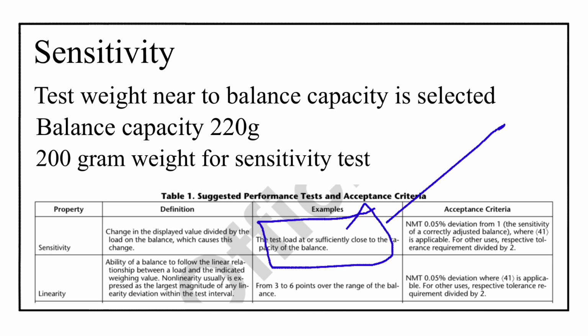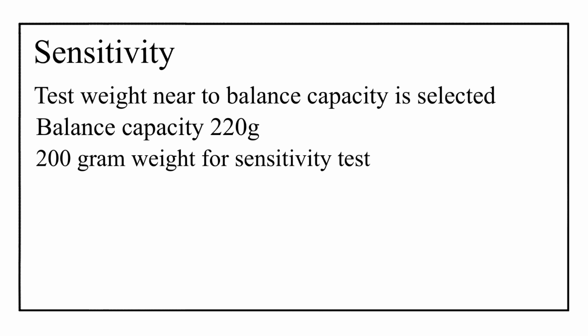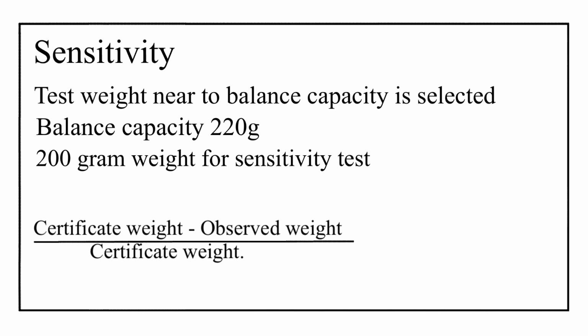It is mentioned that the test weight used for the sensitivity test should be close to the balance capacity. So now the selected test weight is measured. After that, sensitivity is calculated by this formula: certificate weight minus observed weight divided by certificate weight into 100. The obtained value should not be more than 0.05%. This is your acceptance limit for the sensitivity test.